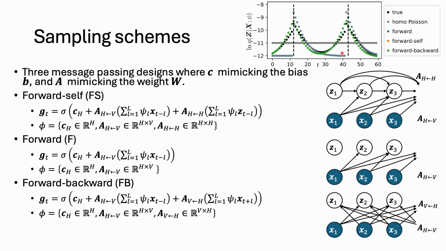But it might also be triggered by a previous hidden spike, which is the increasing probability before an observed spike event. To incorporate this influence, we propose the forward-backward sampling scheme, where a hidden spike is conditioned on observed spikes both before and after it.